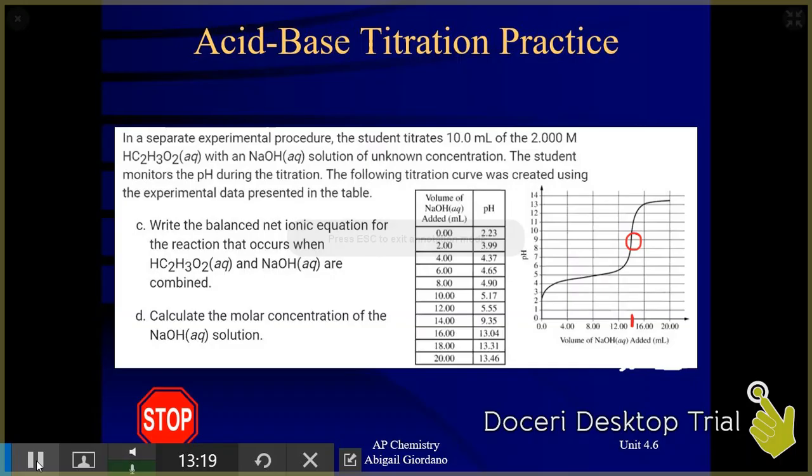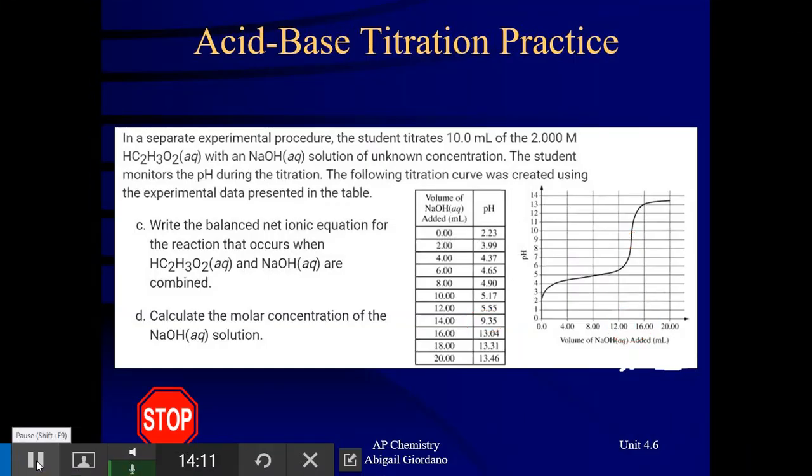It's just something to pay attention to. It's not necessarily that the pH is actually going to matter in this particular question, but the volume that it took to get us there, that is going to be important. Okay, so let's look at our answers and let's see how you did. Let me pull that up for you.